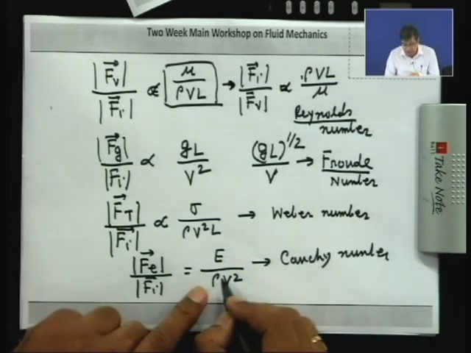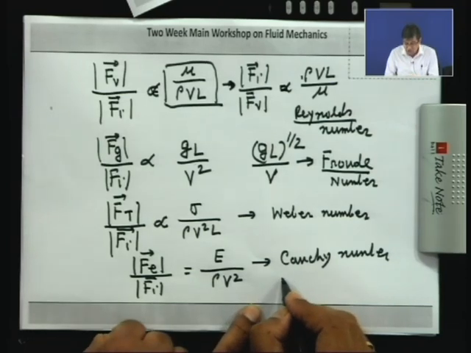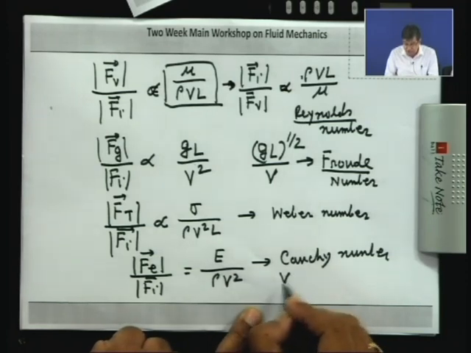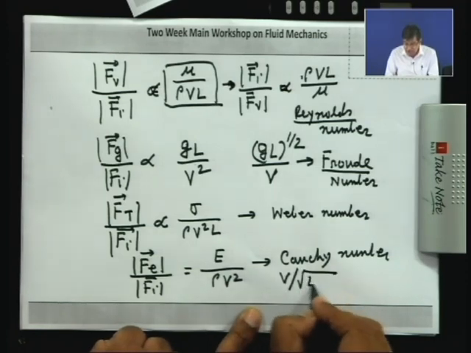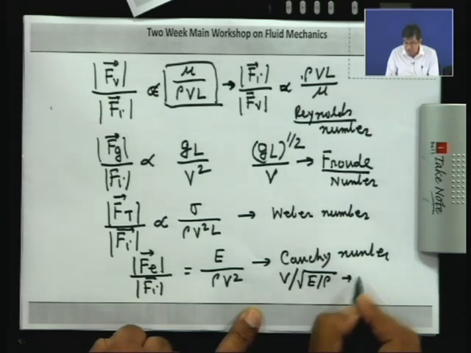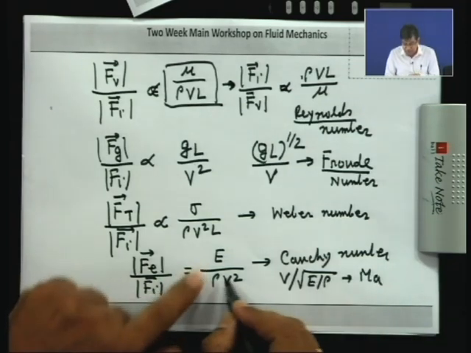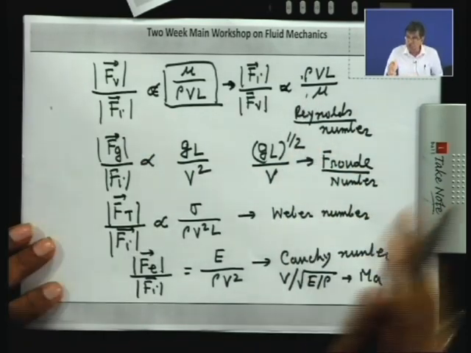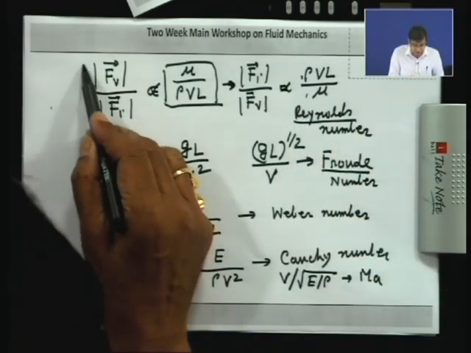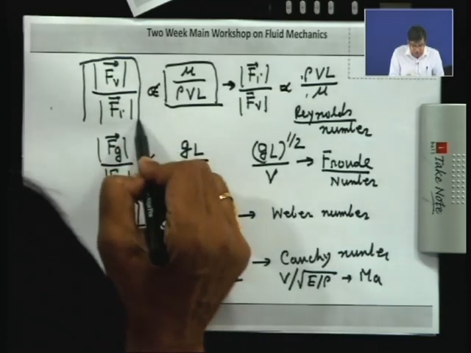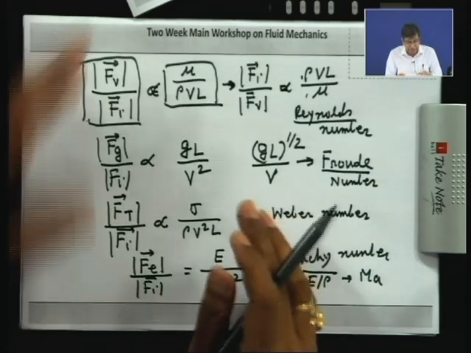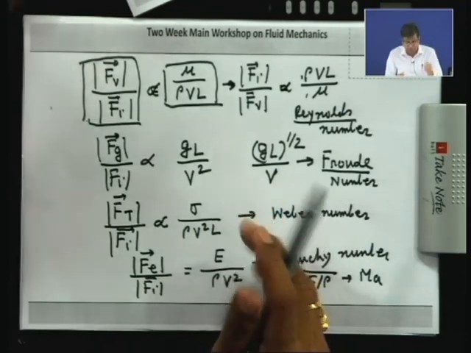Another thing is the square root of this, that means root over E by rho, and if you take the reciprocal and then the square root, that is known as Mach number. So you see that all these numbers are known to you today. Now this represents the magnitude ratio of the two forces. So therefore, in a fluid flow, there are other things I have not derived, that is pressure force by inertia force.